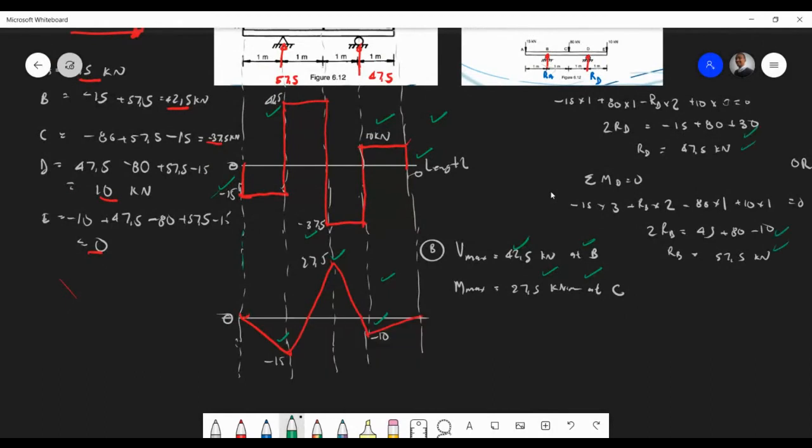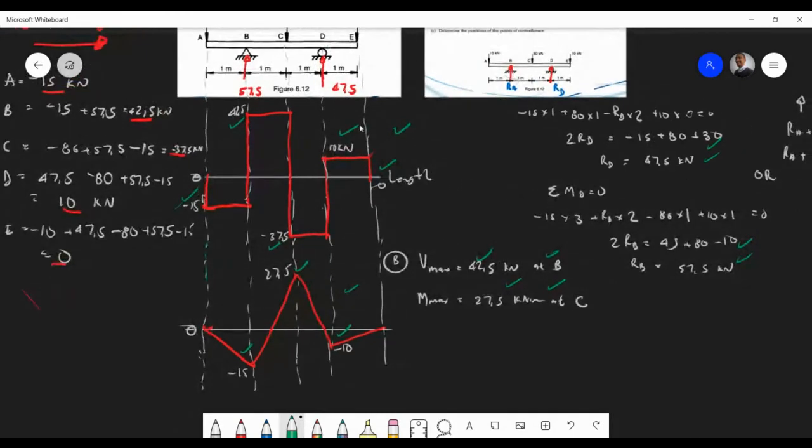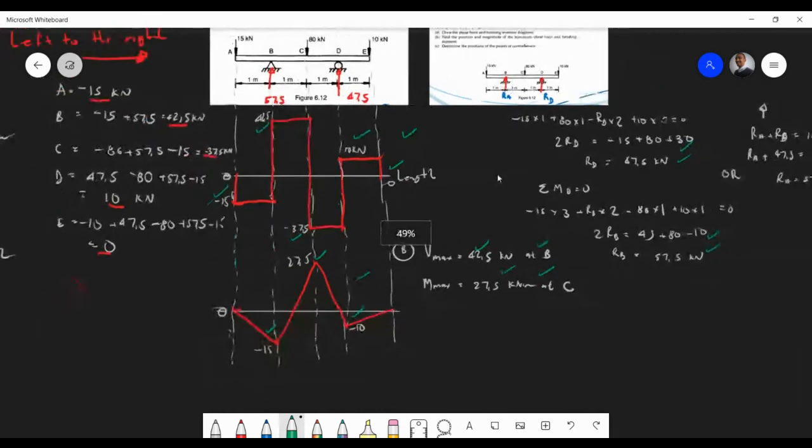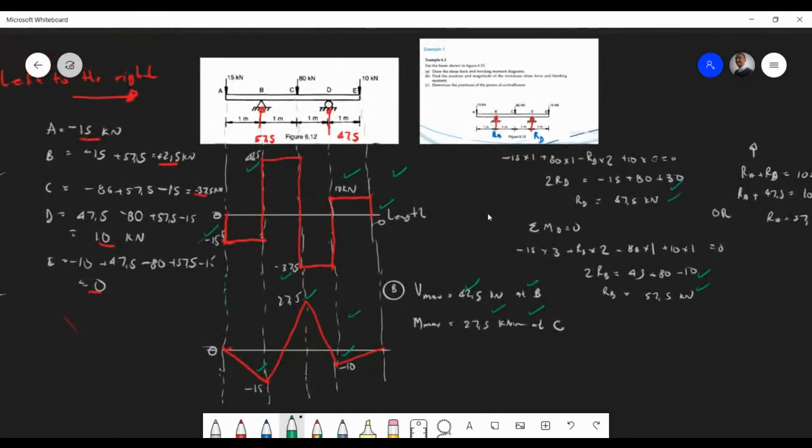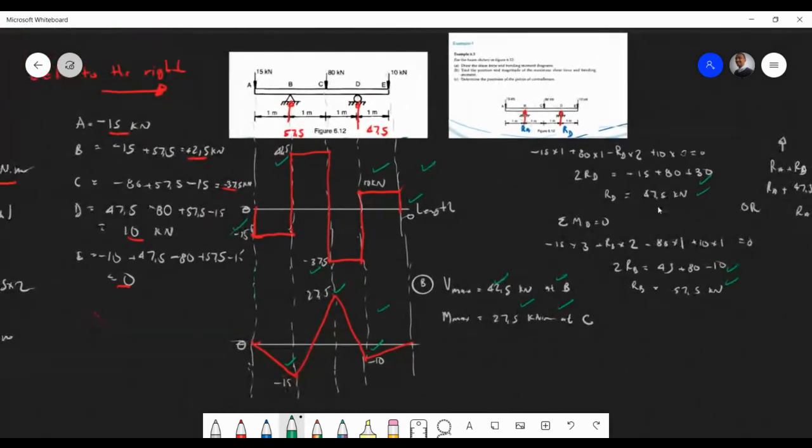So around 18 marks here. We can see how big these questions are in terms of marks. It's essentially marked similar to this. Okay, are we all happy with this? That's your first shear force and bending moment diagram over there.